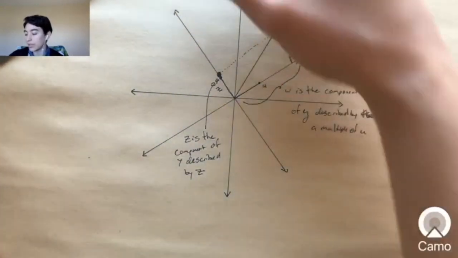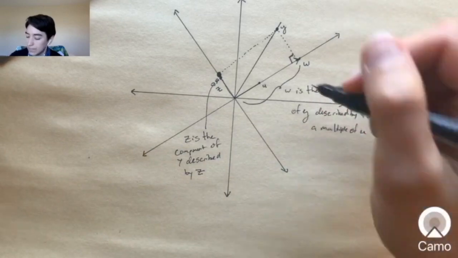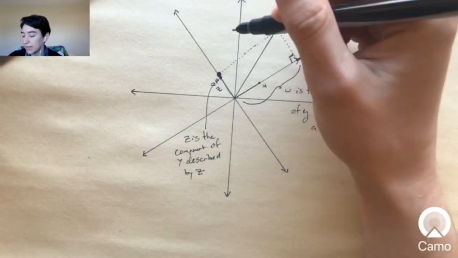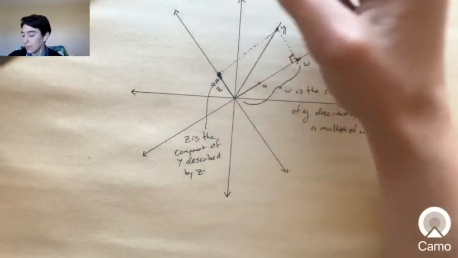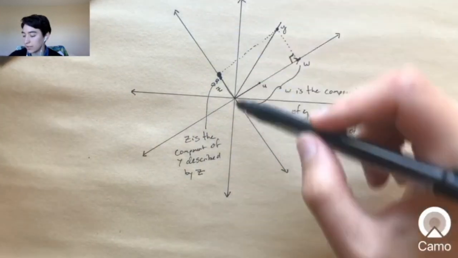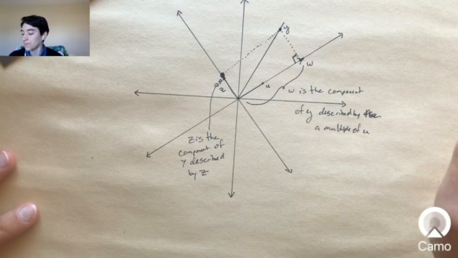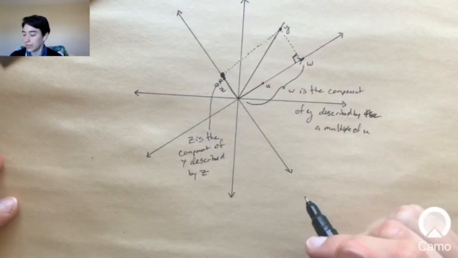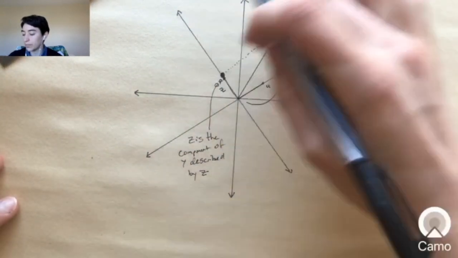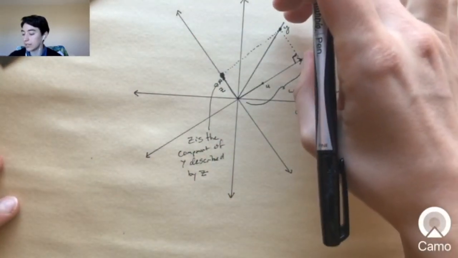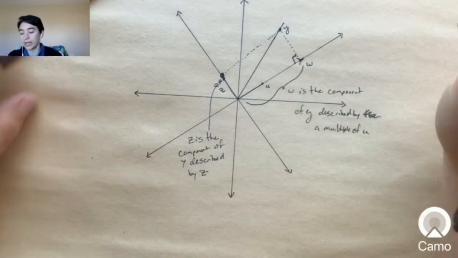So z is this whole axis here. I mean, it's this vector here, but I don't want to have to name the vector that is orthogonal to u because I don't want to confuse you later. So you can just think of it as the part on this axis that is describing y. Okay.